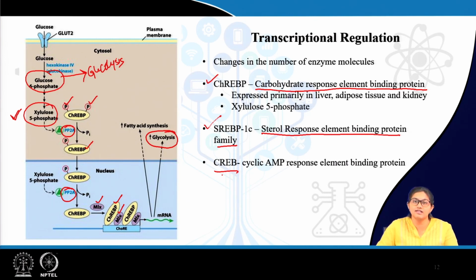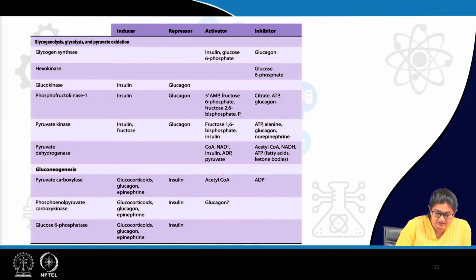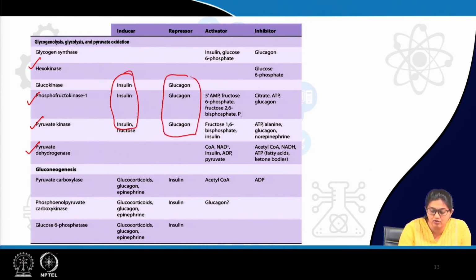gluconeogenesis and glycolysis. So, these are the different inducers and repressors, or activators and inhibitors, of different enzymes present in glycolysis and gluconeogenesis, like hexokinase, phosphofructokinase 1, pyruvate kinase, and pyruvate dehydrogenase. These are mostly activated or induced by the hormone insulin and repressed by glucagon, and the list of activators I have already discussed.